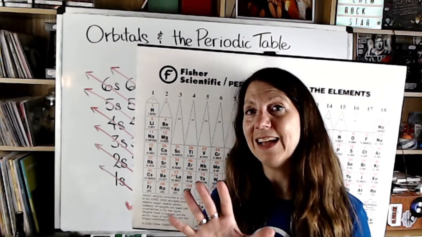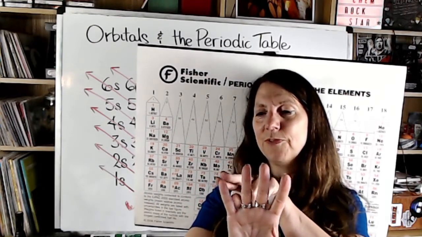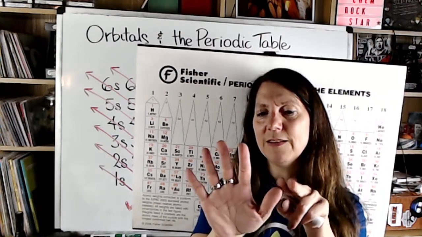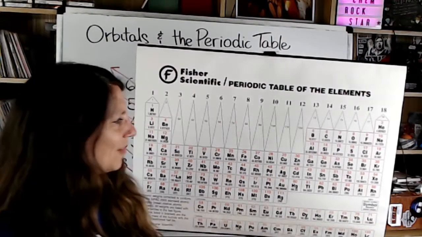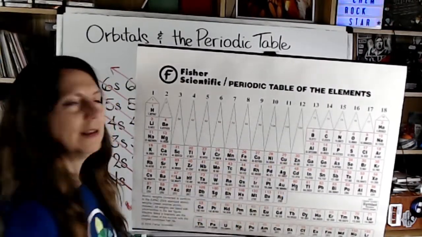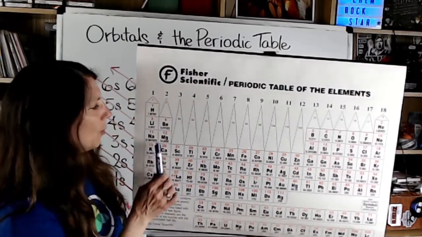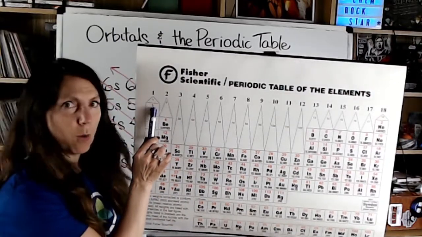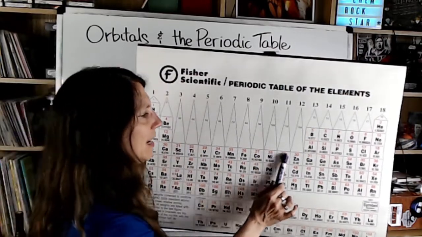So how many electrons can fill those 5 d orbitals? 2, 4, 6, 8, 10. Yes, there are 10. 1, 2, 3, 4, 5, 6, 7, 8, 9, 10. Yes, that is where that comes from. So we have just filled that. Remember, 1s, 2s, 3s, 4s, and then 3d.